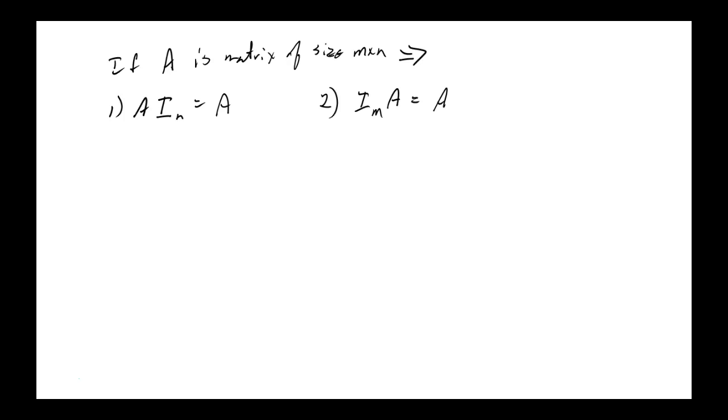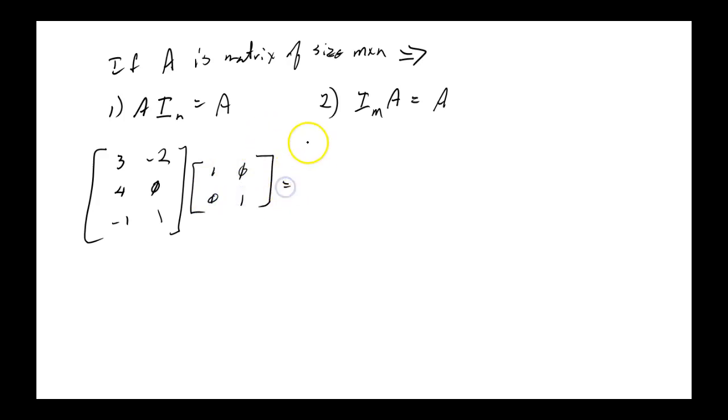Here is the first example they give. 3, minus 2, 4, 0, negative 1, 1. Now, what size identity matrix would you have to multiply by that? 2 by 2. So that would be, what would it be then? 1, 0, 0, 1.